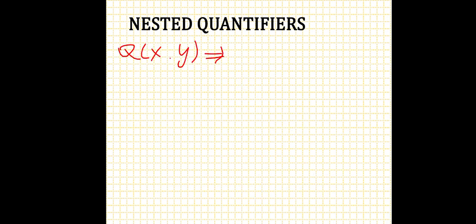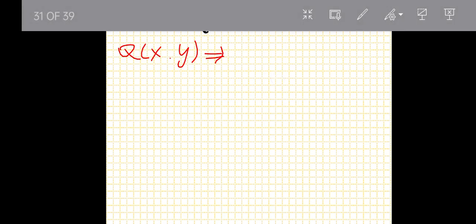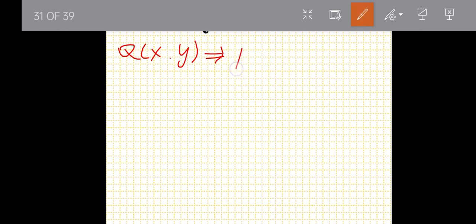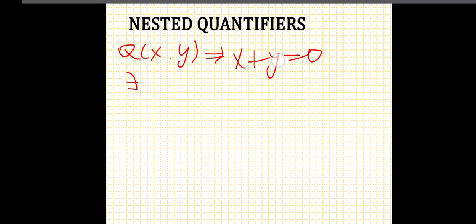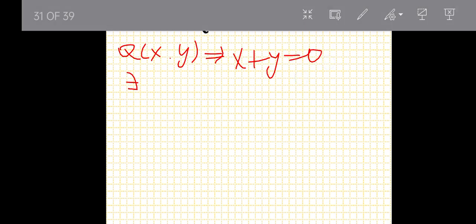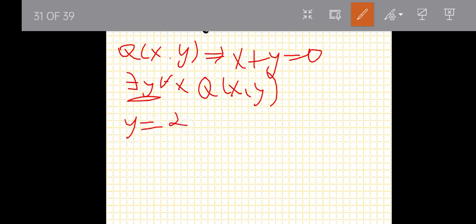Okay. Our Q of x, y, is x plus y is equal to 0. And our equation is there exists y for all x, Q x y. Okay, there exists y. Assign tayo ng y. So, let's say y natin is 2.